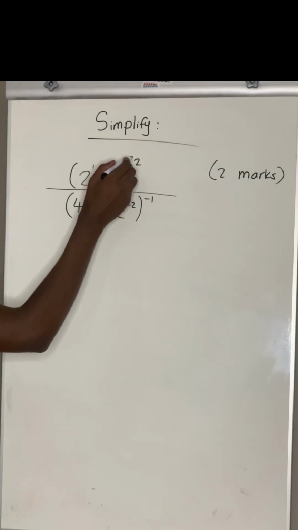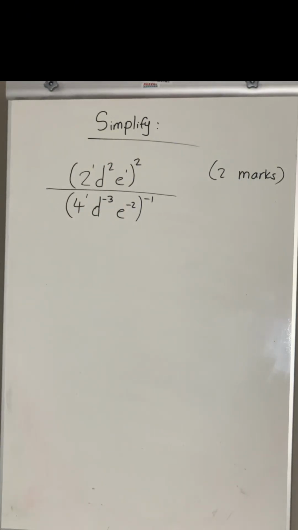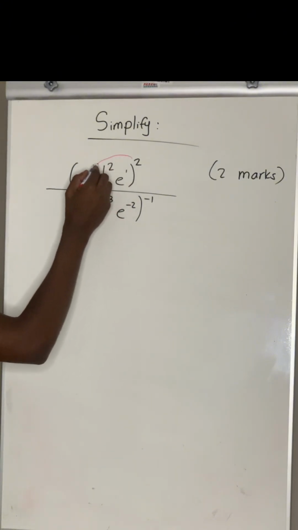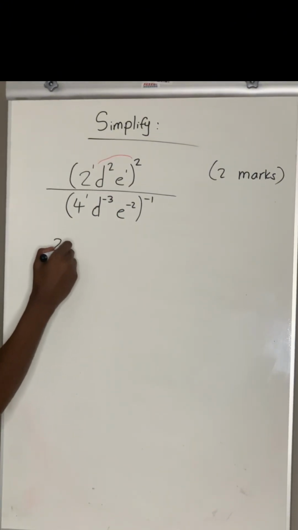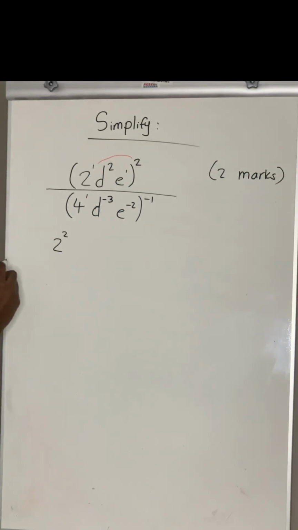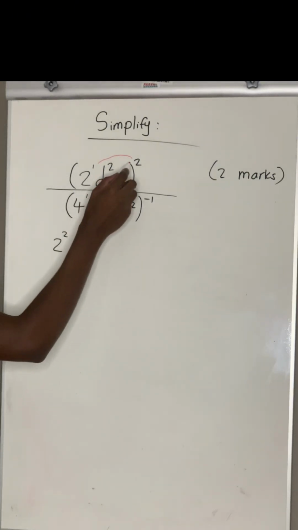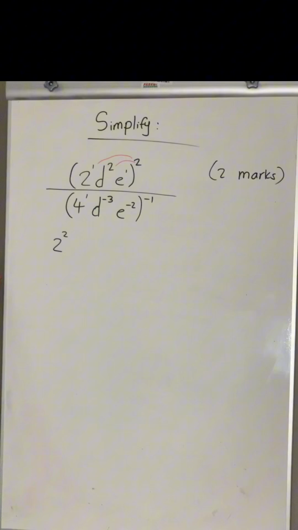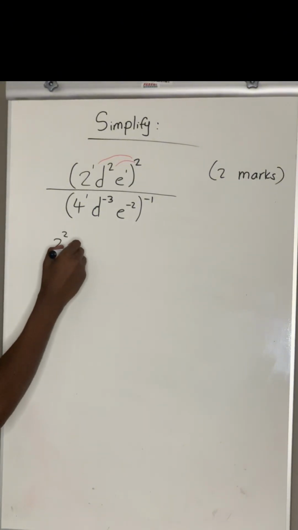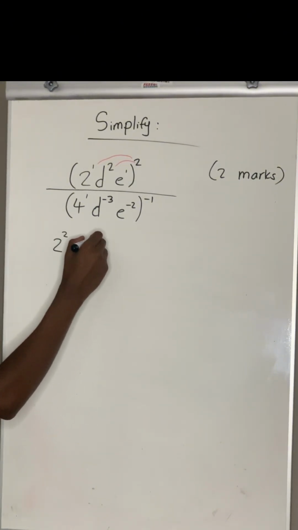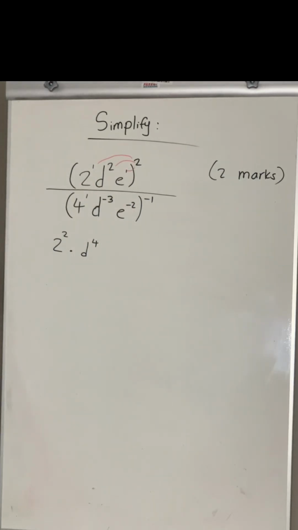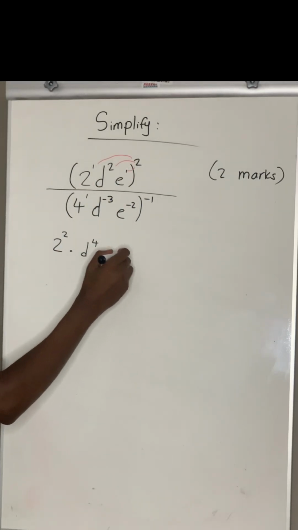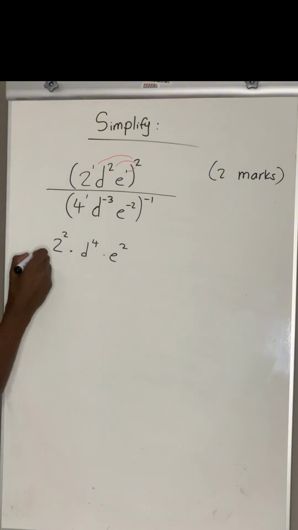Let me use a different marker so you guys can see. It's going to be 2 times 1, which is 2 exponent 2. Then 2 times 2, which is d exponent 4. And then 2 times 1, which is e exponent 2.